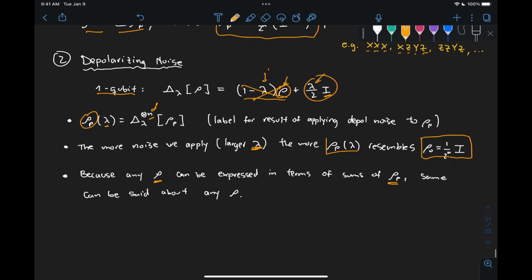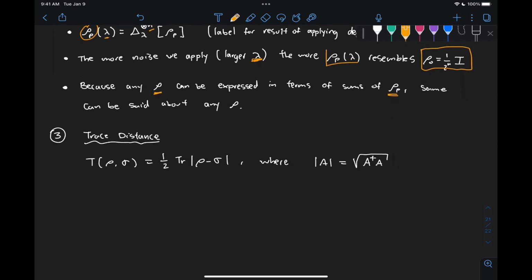All right, now the next concept we need to be familiar with is that of the trace distance. The trace distance is given by taking the difference between a density matrix rho and sigma, computing this norm, where this norm is given by this expression right here. So the square root of the conjugate transpose of this subtraction times the value of that subtraction, and then taking the trace of that result and multiplying by 1/2.